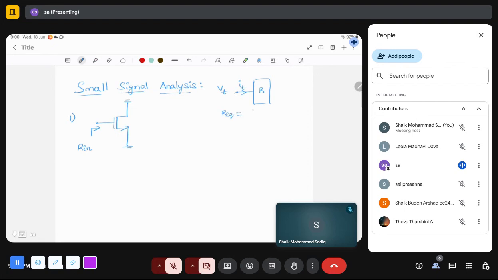R equivalent is nothing but the ratio of voltage by current. So what will you do here? Here you will apply some V test and find I test. What is I test here? It is 0. So R equivalent is nothing but infinity.